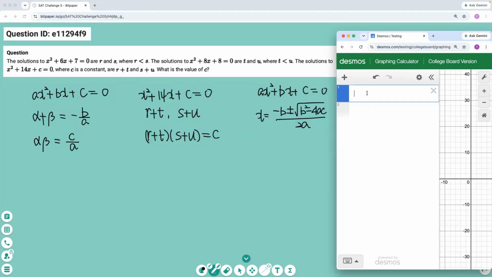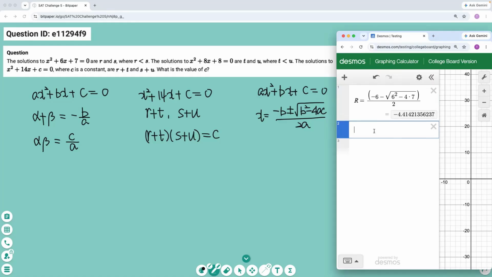For the first equation, x squared plus 6x plus 7 equals 0, we have a equals 1, b equals 6, and c equals 7. So for the smaller root, I'll enter R equals negative 6 minus the square root of 6 squared minus 4 times 7, divided by 2.